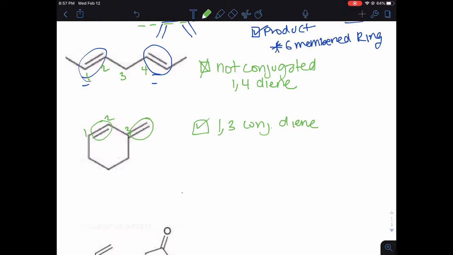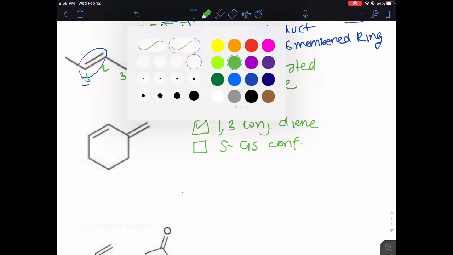However, is this in an s-cis conformation? Let's look. It's not. If I were to draw a fence like this, they're not really facing the same direction. And the other question we should ask ourselves is, can we rotate a sigma bond?